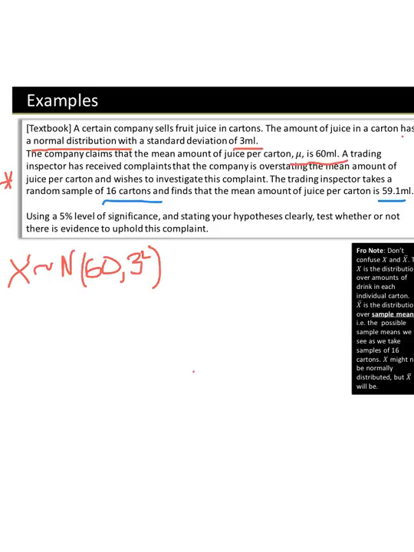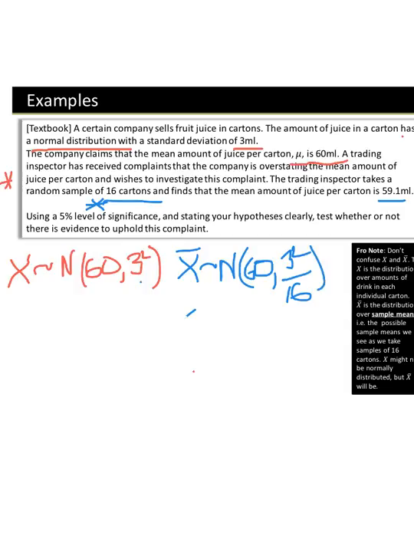So therefore, we can say our sample mean can be modelled on the normal distribution with the mean the same as the population mean, and the variance will be 3 squared over the sample size, which is 16, because it's taken a random sample of 16 cartons.